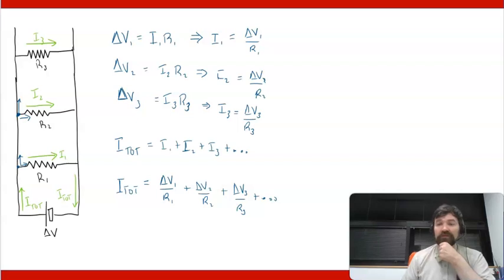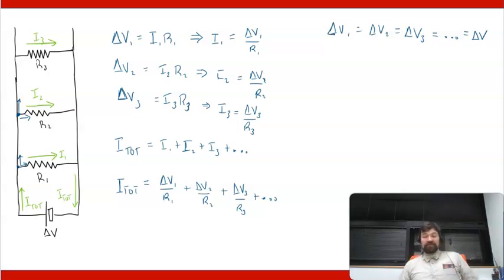Now, where the sort of equivalent circuits thing comes in is as follows. By Kirchhoff's loop rule, delta V1 and delta V2 and delta V3 and any other delta V's will equal delta V from the battery.